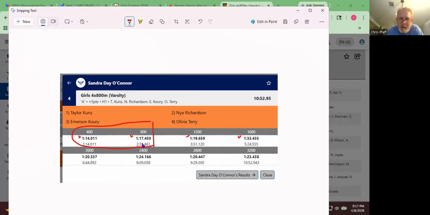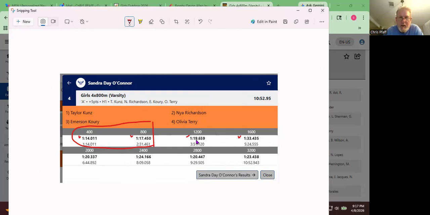For the first runner, you get their time right away. If you add these two 400 splits, it's going to be 2:31.46. So there's your time for the first runner, which may or may not, in this case, be Taylor Coons from Sandra Day O'Connor.